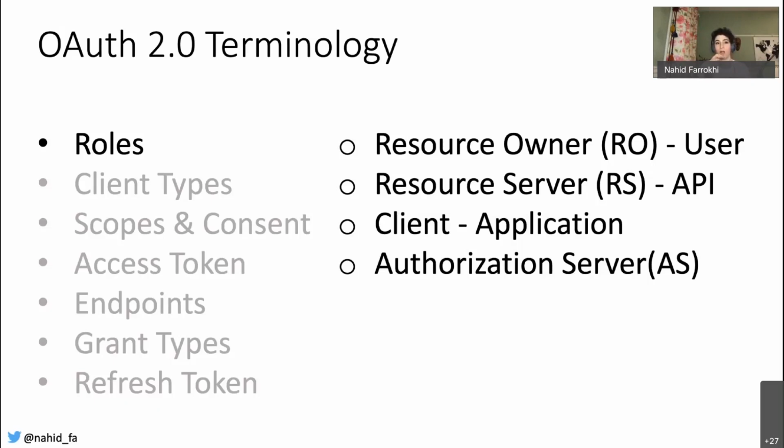It can be the end user. The resource server is the API. It's hosting the protected resources, and it's capable of accepting and responding to protected resource requests using an access token. In simple words, the resource server is the service that exposes that data.